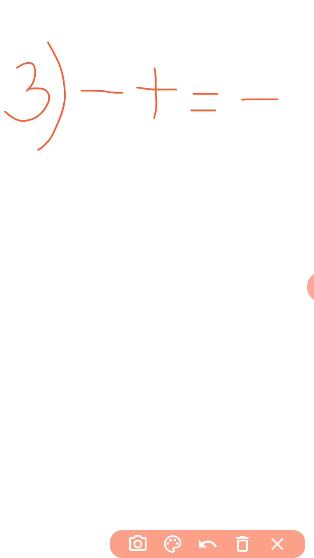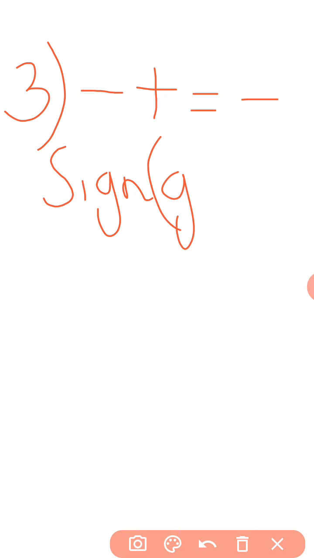One number with a negative sign and the other with a positive sign, so we subtract both those numbers, but the sign of the result will be the sign of the greater number.